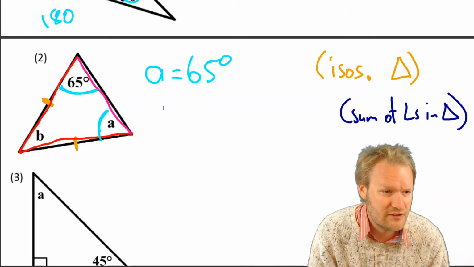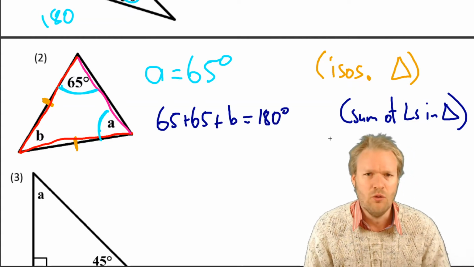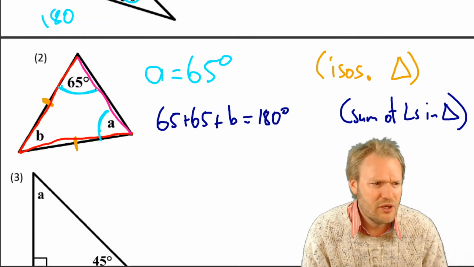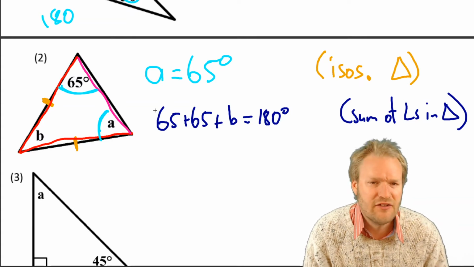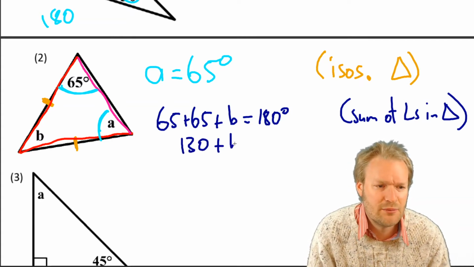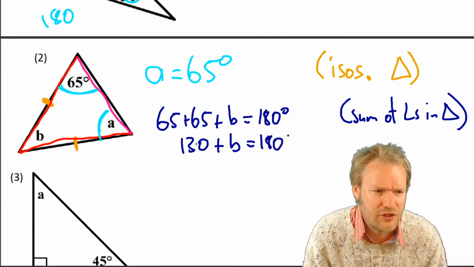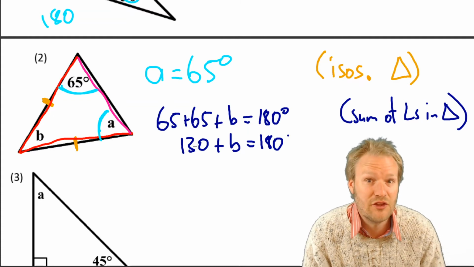So these two are 65, so 65 plus 65 plus B equals 180. You're probably already thinking 65 plus 65 is 130, so we may as well show that step of our logic, and it fits in with the equation.